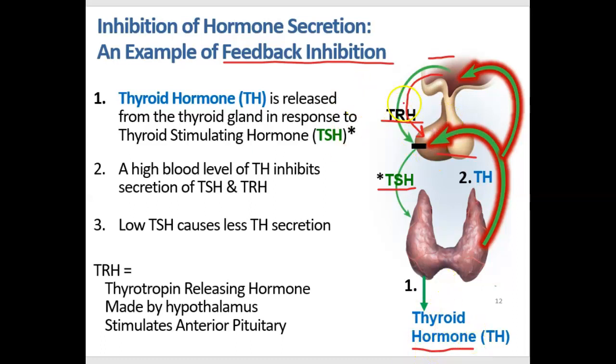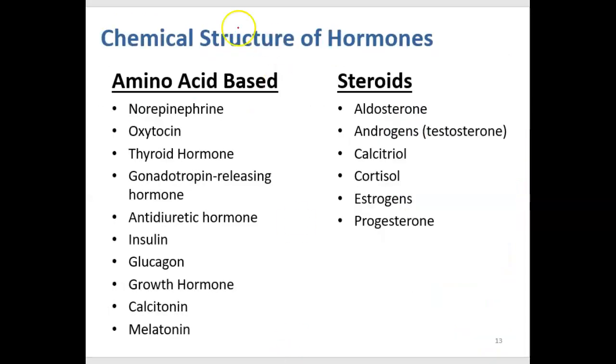The only reason I'm bringing this up now is because thyroid hormone levels would also inhibit the hypothalamus. So those are all the ways that a hormone can be stimulated and or inhibited.